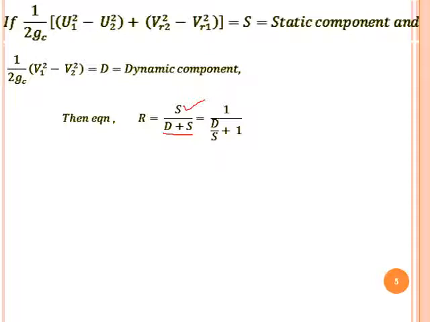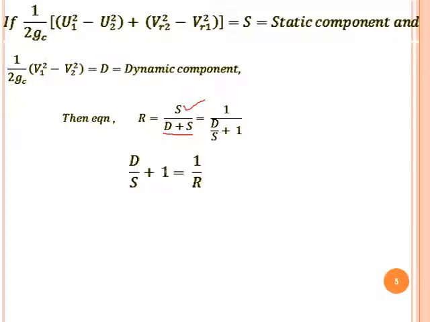Now S in the denominator is taken to the numerator, giving 1 over (D by S plus S by S), and S by S is equal to 1.